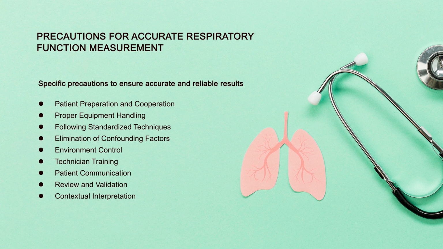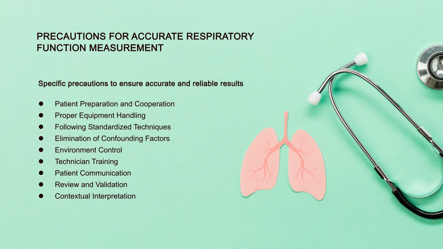The fourth precaution to be considered is elimination of confounding factors. Conduct measurement when the patients are at rest to avoid the influence of recent physical activity. Be aware of any medications the patient is taking that might affect lung function and consider their impact on the result. The next factor is environment control, which plays an important role during measurement.